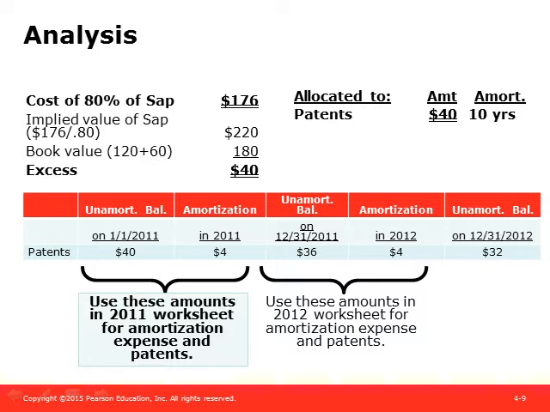At the end of 2011, going into 2012, we had a 36K book balance of these patents, which again we amortized at 4K in 2012, which gave us a 32K net patent value. And so again, we used the amounts listed under the 2012 columns for the amortization expense and patents in our workpaper entries.